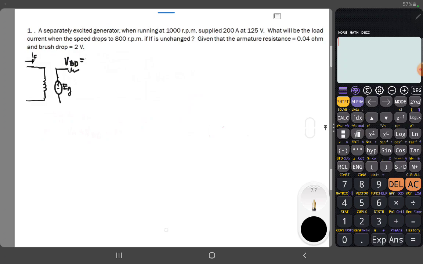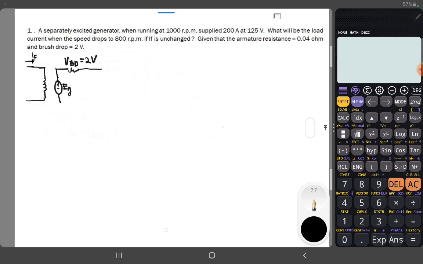In this case, this is equal to 2 volts, and this 2 volts is the total voltage drop. But if the problem has a statement per drop, you would multiply it by 2, unless the number of brushes is given, which is 4, 6, or 8. At least you would multiply it by 2 if the number of brushes is not given.